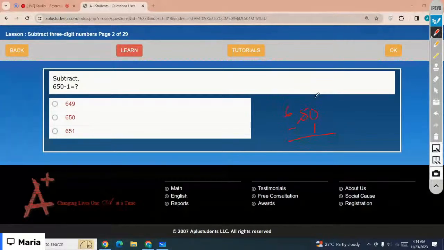When you borrow 1 from here, the borrowed 1 makes it 10. Here you have 4. 10 minus 1 is 9, right? Bring 4 as it is and you have 6. The correct option is 649, right? 650 minus 1 equals 649.